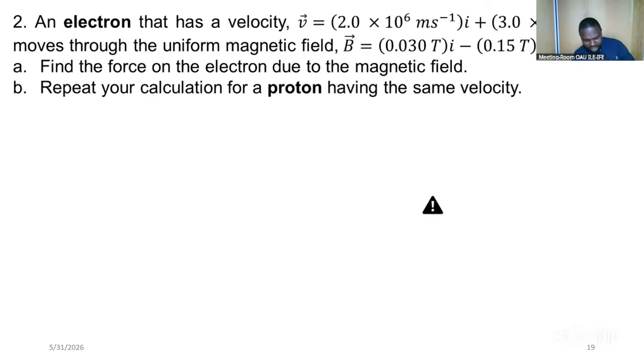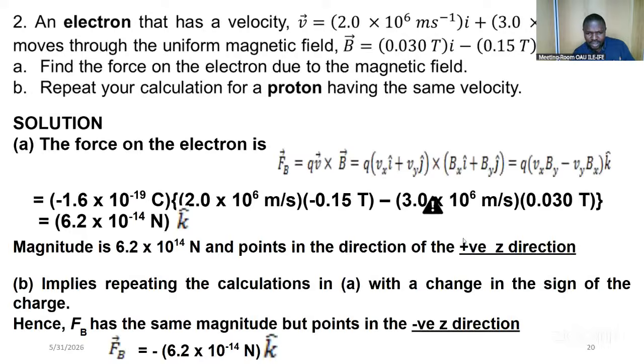Okay, this is the solution. Let me just show you the solution. We have the magnetic force equal to Q V cross product B, and you have it like this: Vx i plus Vy j cross product Bx i plus By j. If you do it together, you get this particular one.